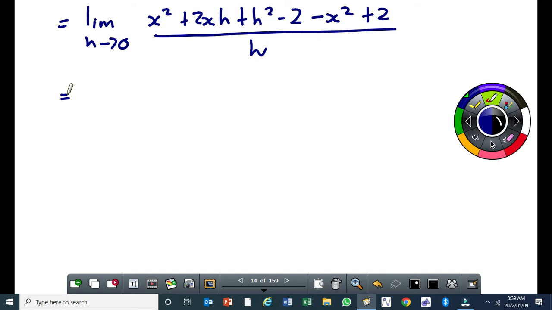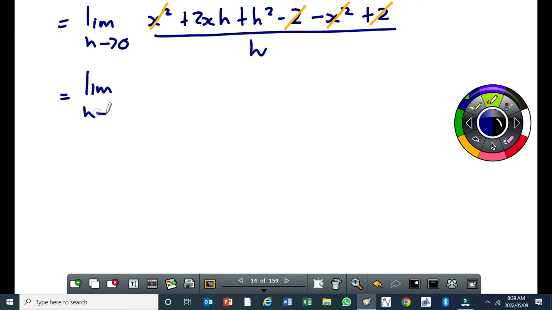So let's cancel out this x squared and that minus x squared. The minus 2 and the plus 2 also cancel out. Then our numerator is going to be 2xh plus h squared. So this becomes the limit as h tends to 0 of 2xh plus h squared all over h. Please never ever substitute h equal to 0 at this point.